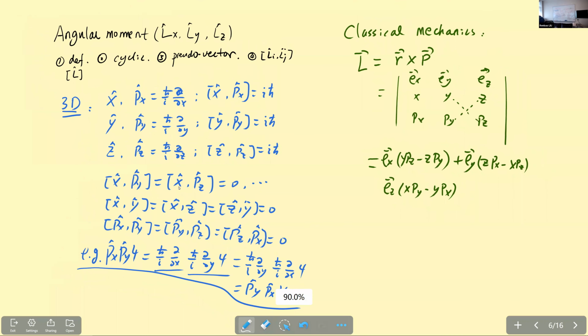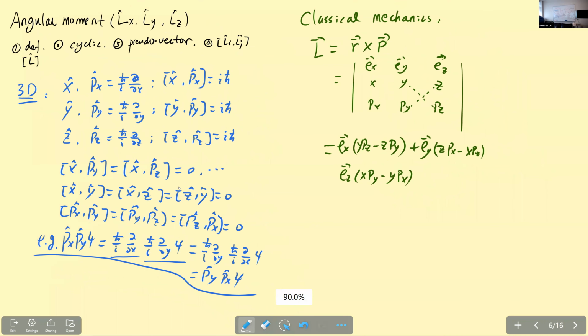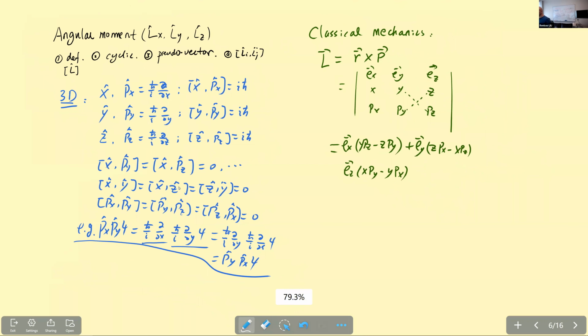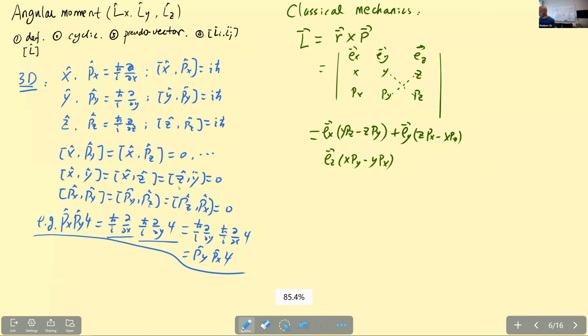Now let's just guess. In quantum mechanics, the operators. Can we say that this one just equals the operators of these operators? So what does this mean?